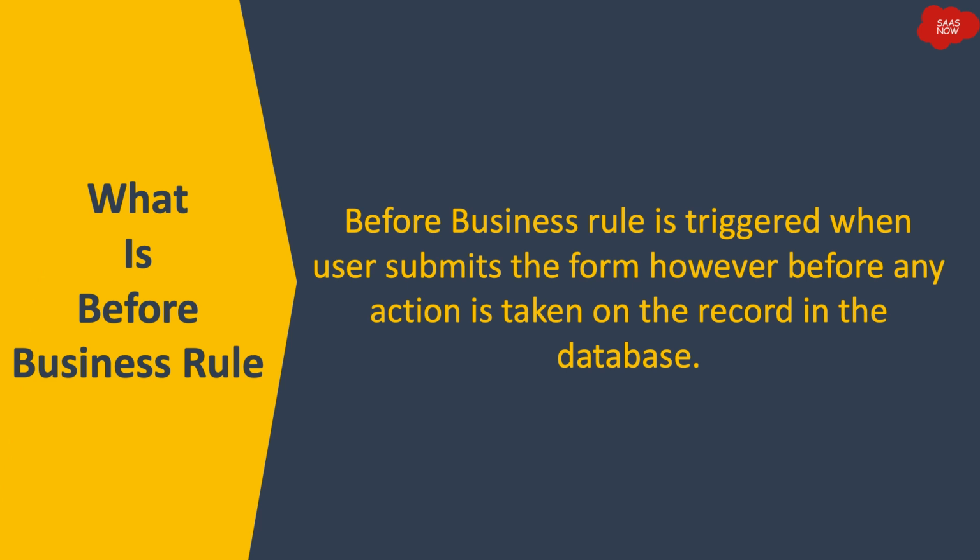Now, when user clicks on submit, that particular data gets saved or pushed into the database. Now, between those durations, that means after clicking on submit, before that data gets saved into the database, if you want to take some action, that is called before business rule.